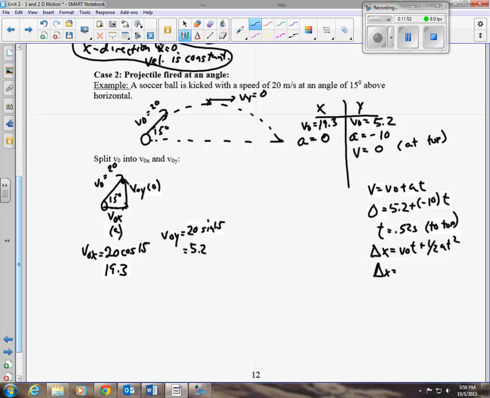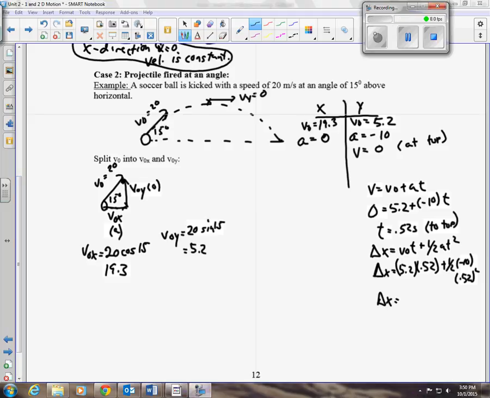Delta y equals v0 is 5.2 times 0.52 plus 1/2 times minus 10 times 0.52 squared. And that's going to give me a value of 1.35 meters. And that's the height at the top.